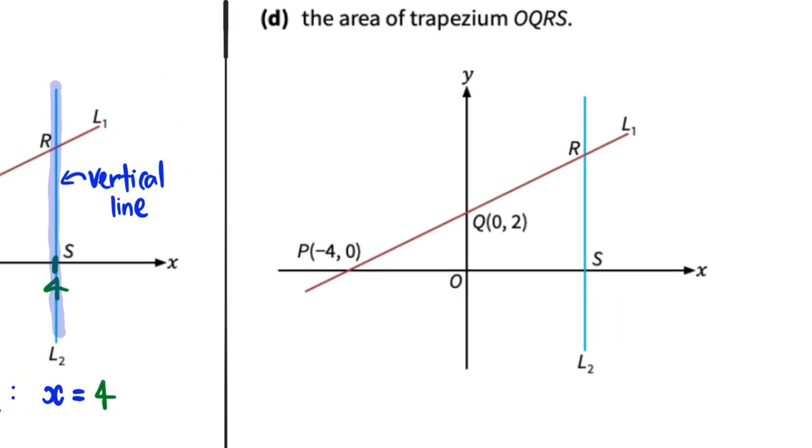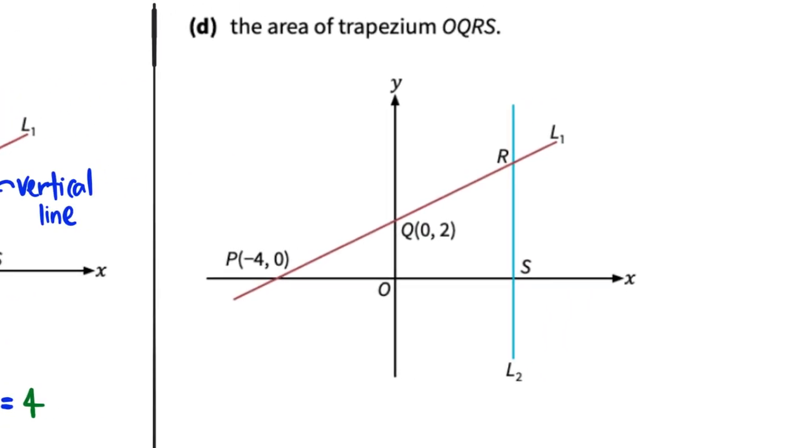And last, for part D, where we are required to find the area of the trapezium OQRS. Okay, so the right angle is here and right angle is here.